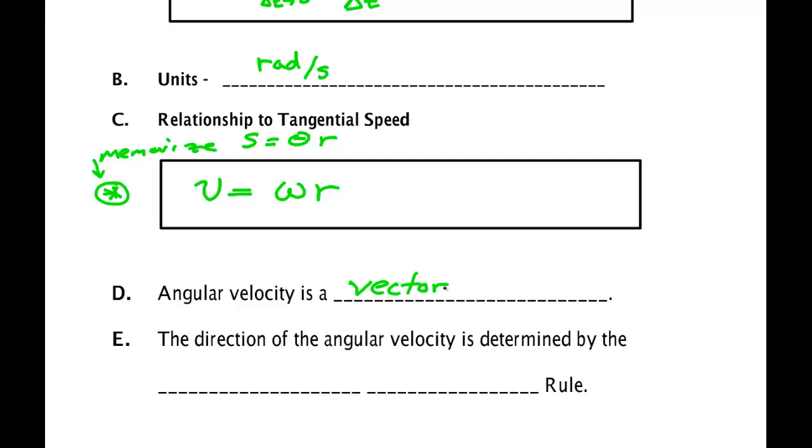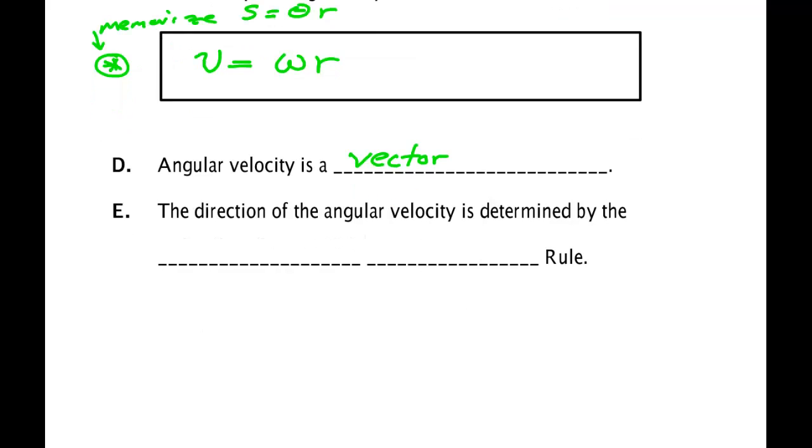One of them will see your arm moving clockwise. The other will see it moving counterclockwise. So whether you say that your arm is spinning clockwise or counterclockwise depends on where you're standing. So we came up with a way that didn't depend on where you're standing. It's called the right-hand rule.